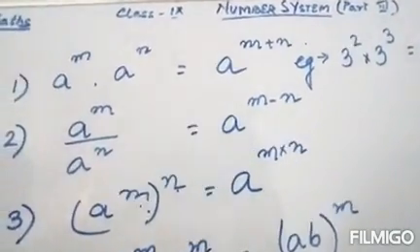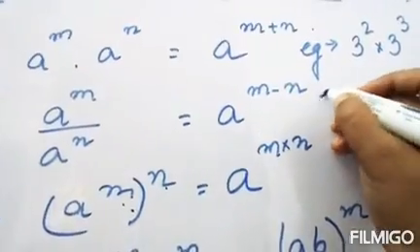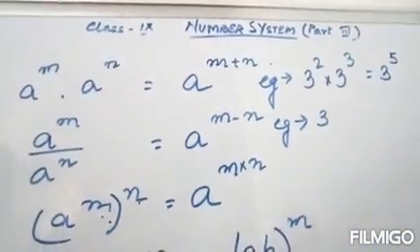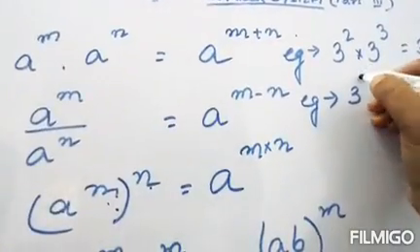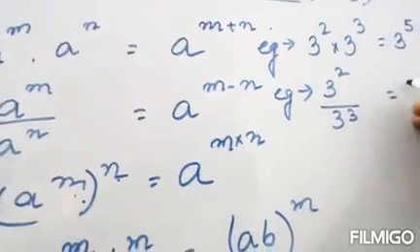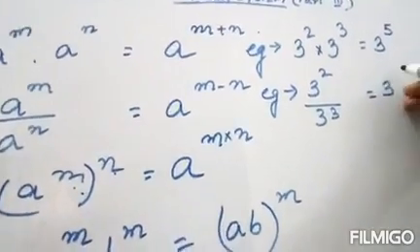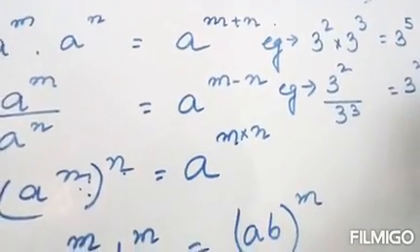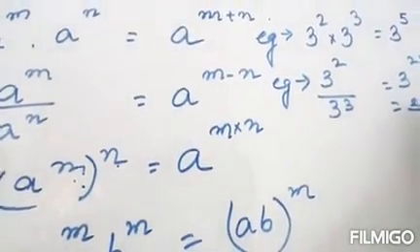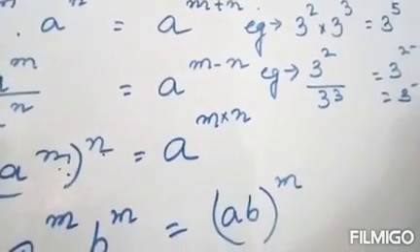For the division one, let's see an example. Suppose again 3 to the power 2 by 3 to the power 3. What we can write is 3 to the power 2 minus 3, which is 3 to the power minus 1, which means 1 by 3.